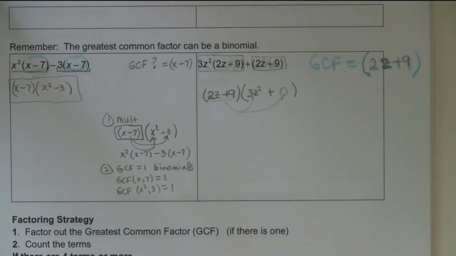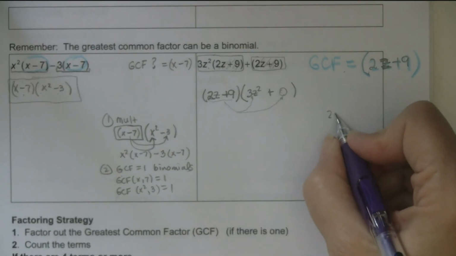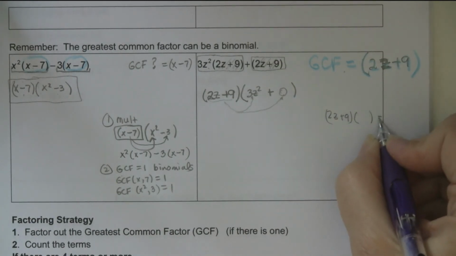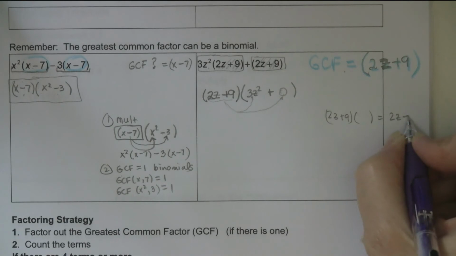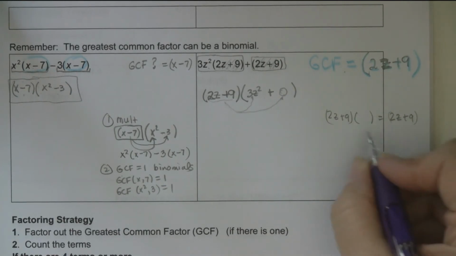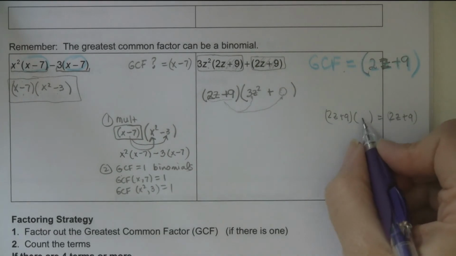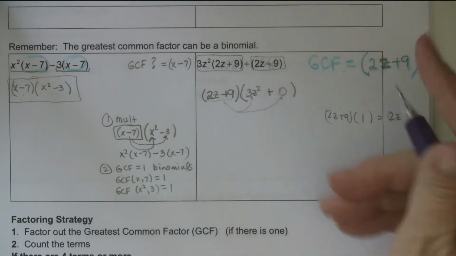So I want something that when I multiply 2z plus 9 times this thing, my result is 2z plus 9. Can you guys think of what that thing would be? That when you multiply it, you get itself. It's not 0. Yeah, it's 1. And so you needed to have a 1 there.